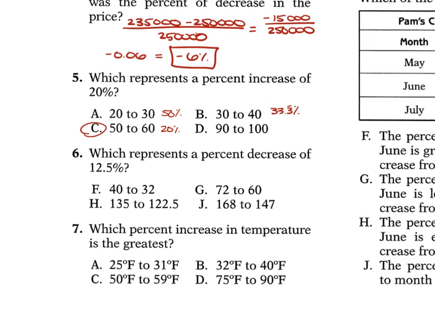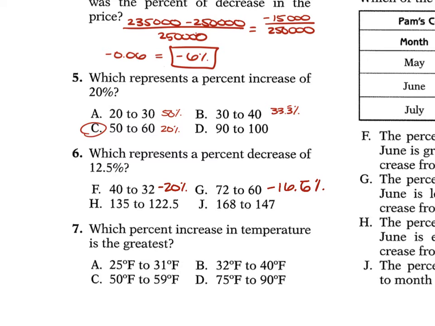For 6, it says which represents a percent decrease of 12.5%. For F, we have 40 to 32, so 32 minus 40 is negative 8 over 40. That's negative 20%. G, we have 72 to 60, so that's 60 minus 72 over 72. That's going to give us a negative 16.6 repeating percent.